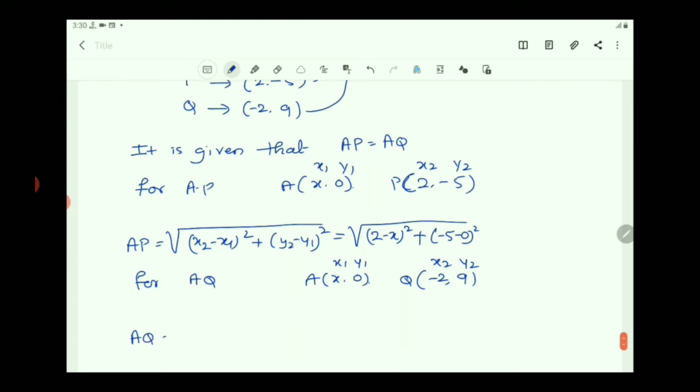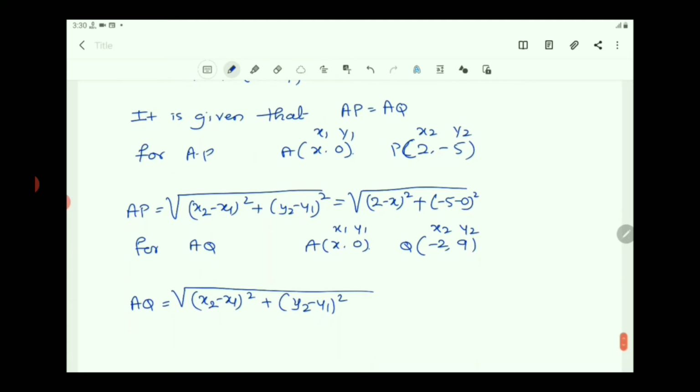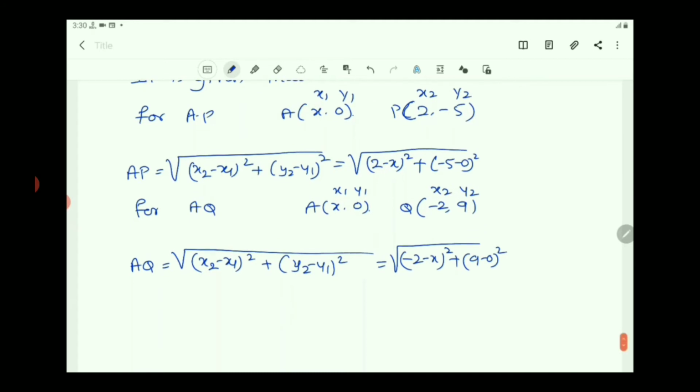Then AQ equals whole root of (x2 minus x1) whole square plus (y2 minus y1) whole square, that equals what? (-2 minus x) whole square plus (9 minus 0) whole square. It is given that AP equals AQ.